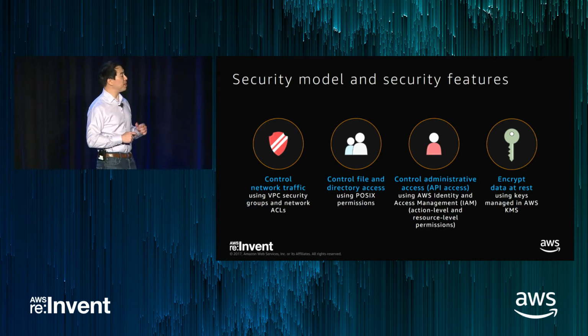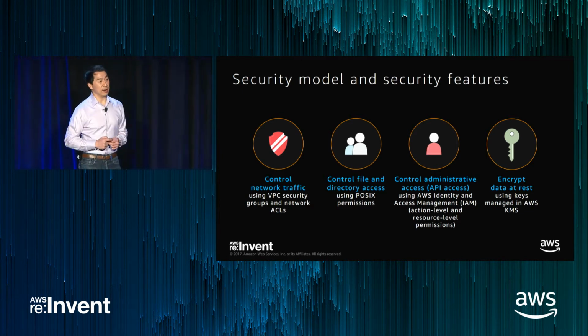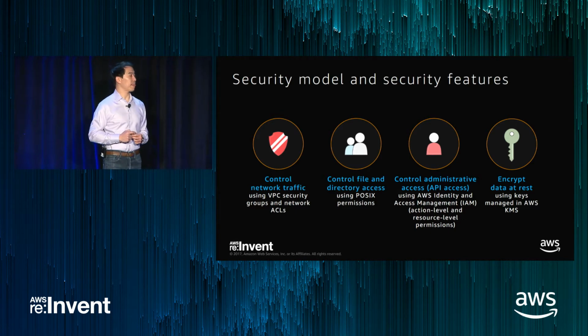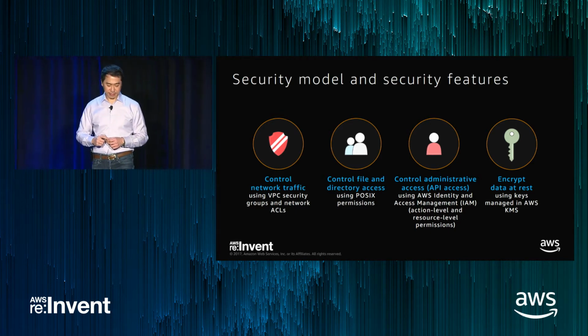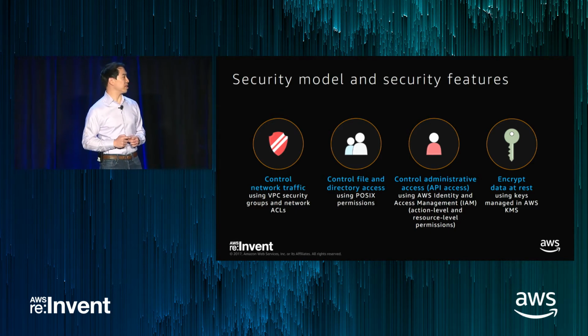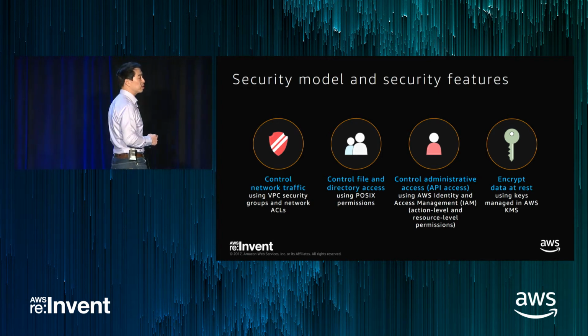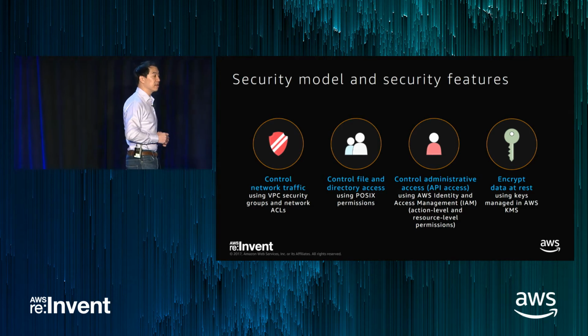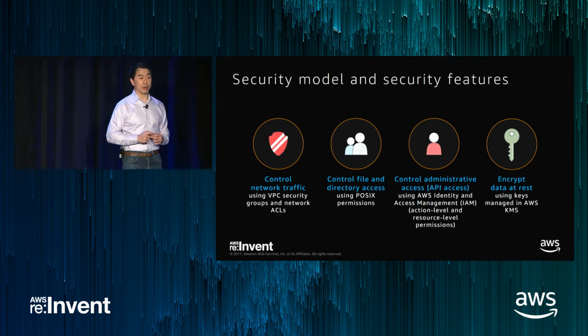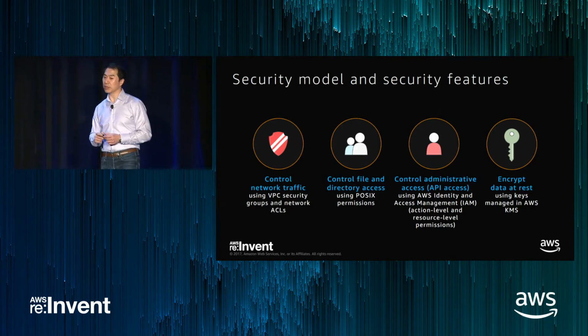And then we control administrative access, or access to the API, through AWS IAM, for both action level and resource level permissions. And we've also recently introduced support for data encryption at rest, available at no additional charge, available in all regions with a simple click of the button.